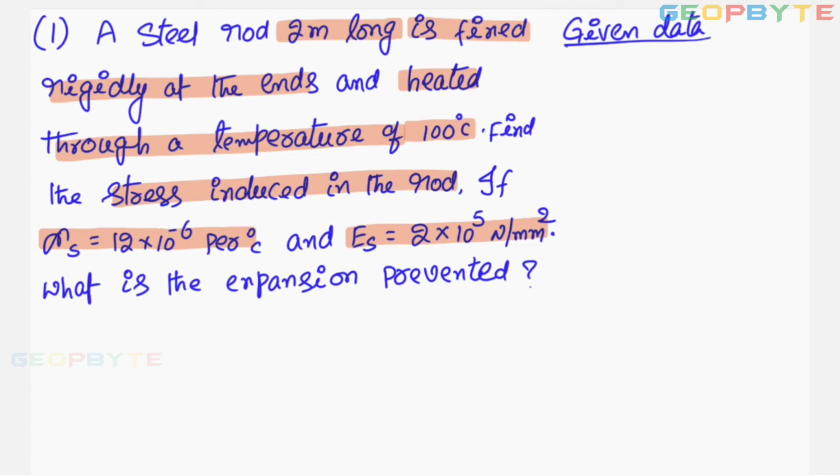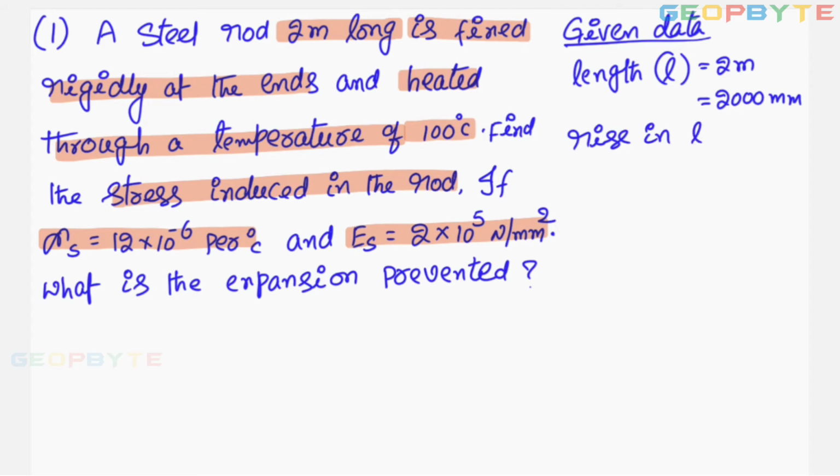A steel rod 2 meters long, length of steel rod L equal to 2 meters, it is equal to 2000 mm, is fixed rigidly at the ends and heated through a rise in temperature, small t equal to T2 minus T1, that is directly given 100 degrees centigrade.